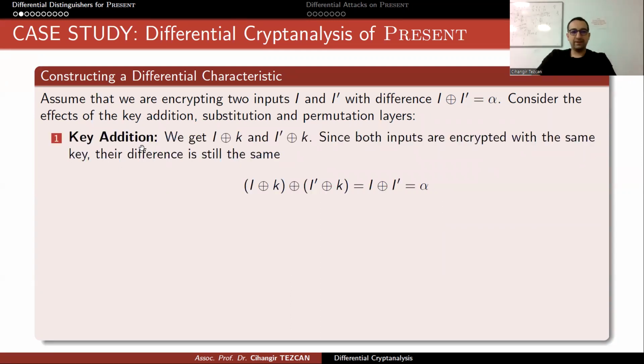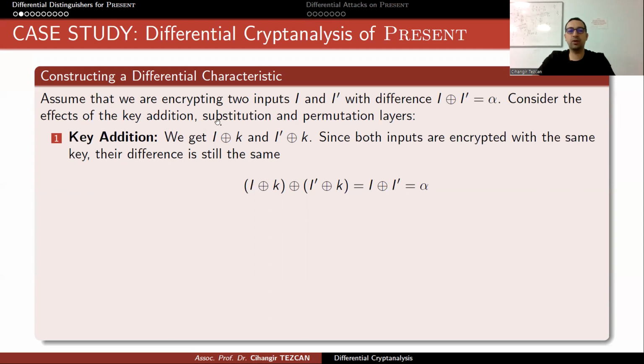The key addition layer is simply XORing the round key K, right? We are encrypting two different inputs. After this key addition layer, the output will be I XOR K for one input and I prime XOR K for the other input. Since we don't know K, we don't know the results, right? But since both inputs are encrypted with the same key, K, their difference is still the same.